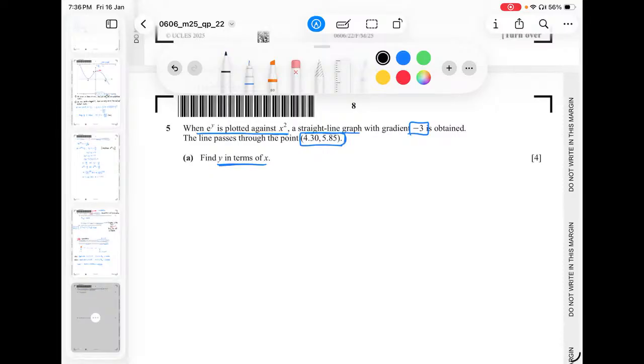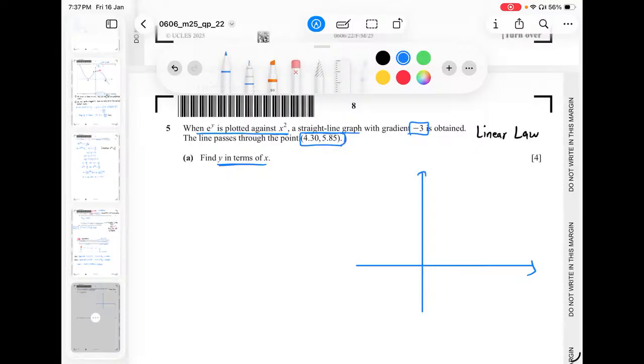So for this question, you need to recognize that this is from the linear law. Basically, what they're telling is you have an axis. I'll just draw it for your convenience.